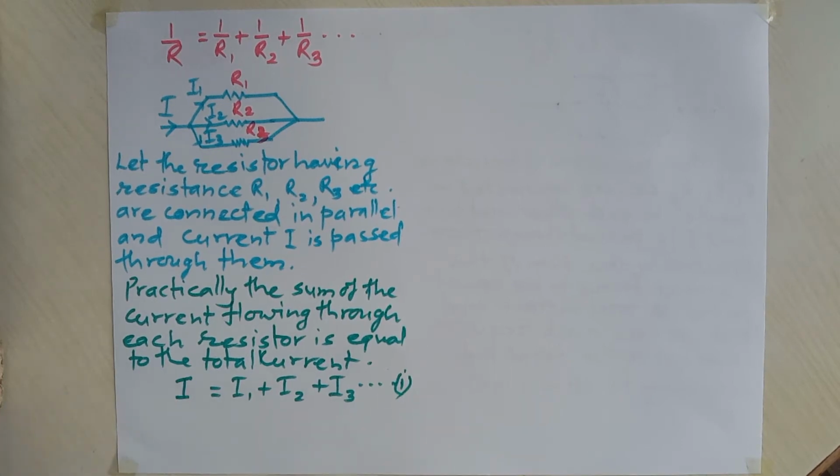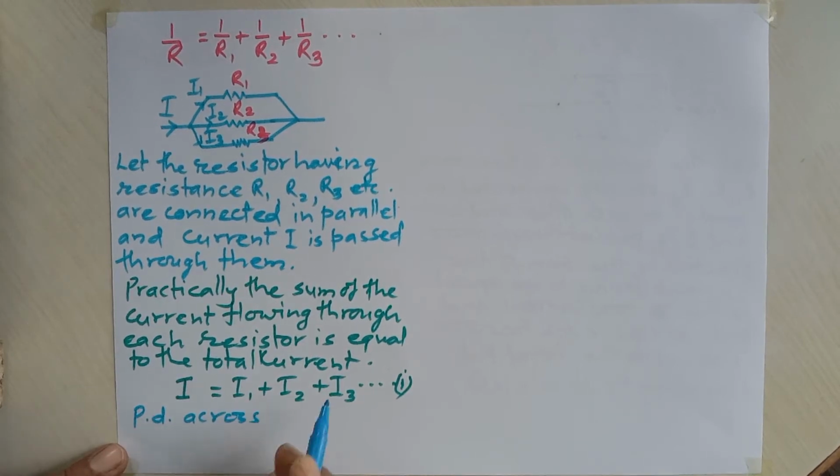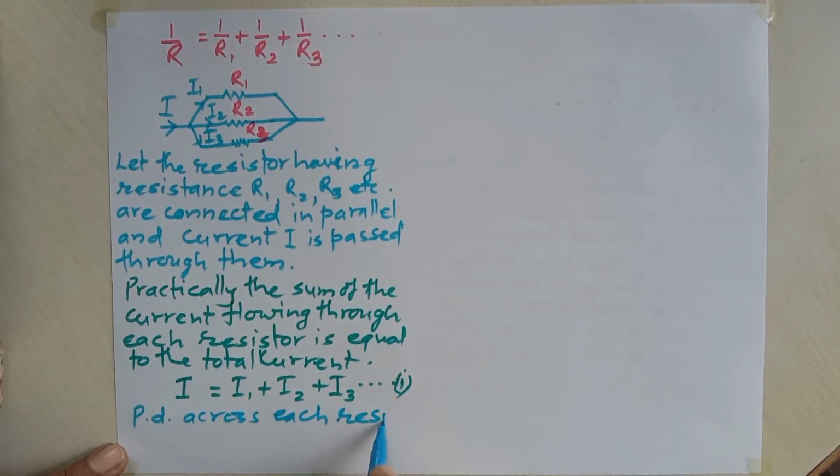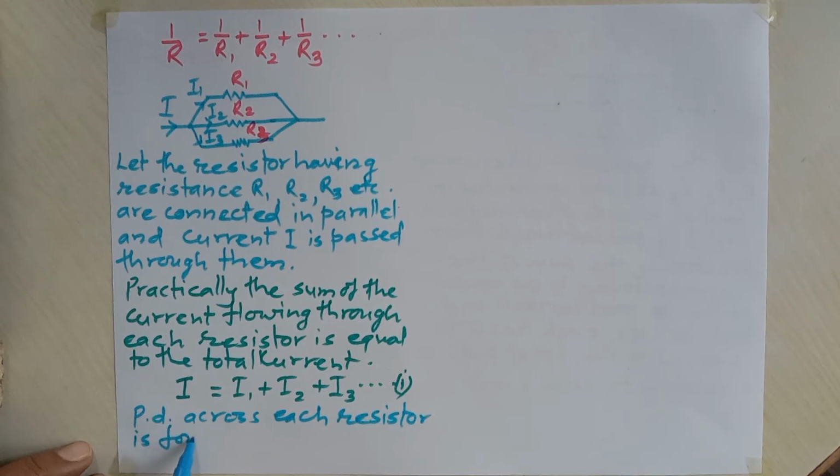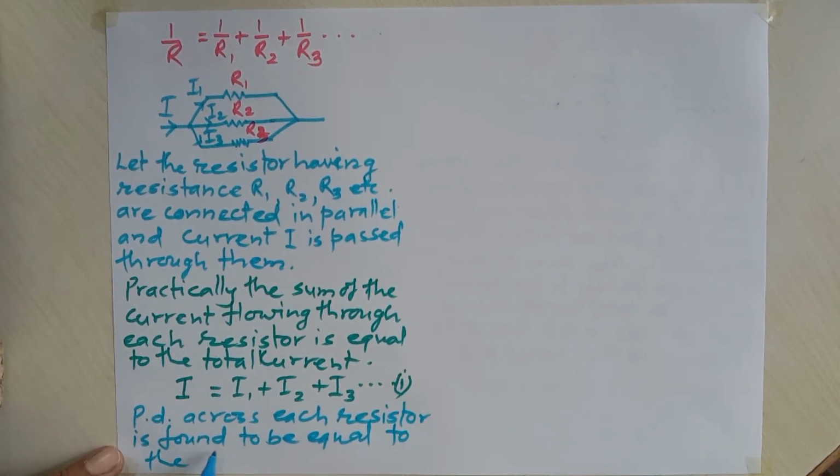Now another observation was also there, and that observation was about the potential difference. PD across each resistor is found to be equal to the total potential difference.